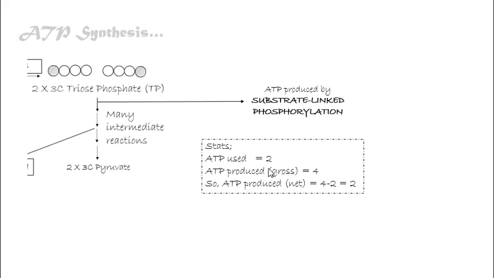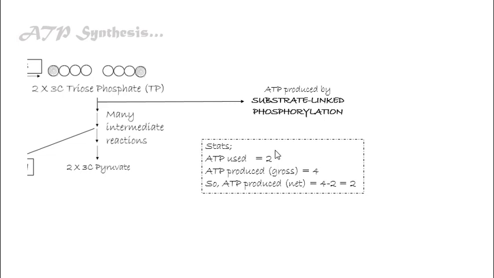Therefore, ATP used during glycolysis is equal to 2. And by substrate-linked phosphorylation, at the end of glycolysis, 4 ATP molecules are produced. This is the gross production of ATP, and the gross production of ATP is 4.